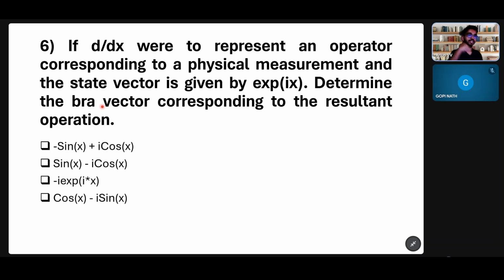Anything you multiply it with should give you the modulus of this. So the answer will be minus sin x plus i cos x, which is basically minus exponential of ix, and the other option is this one. So basically your option A is the expansion of your option C. So both the answers will hold true.